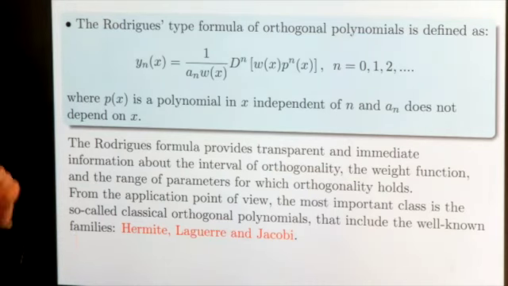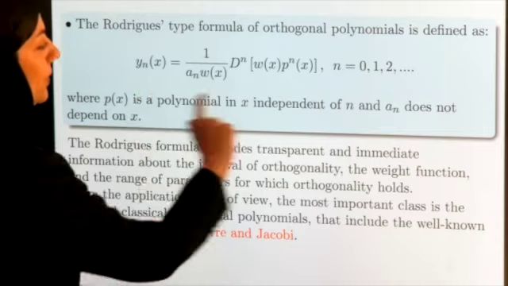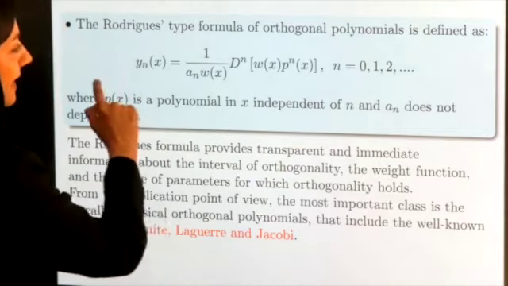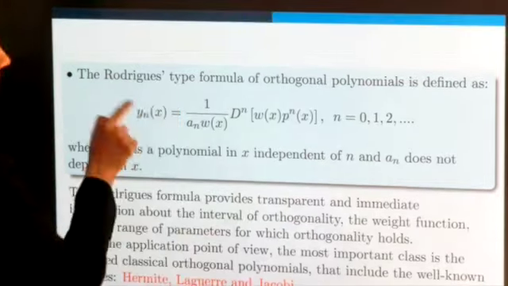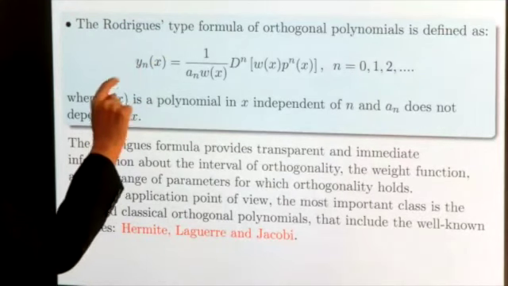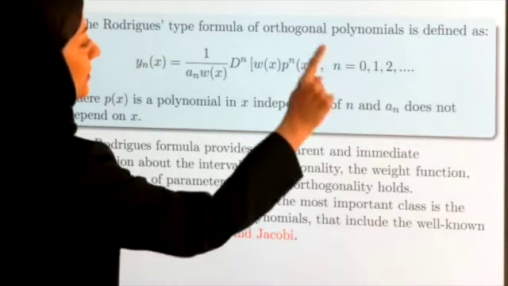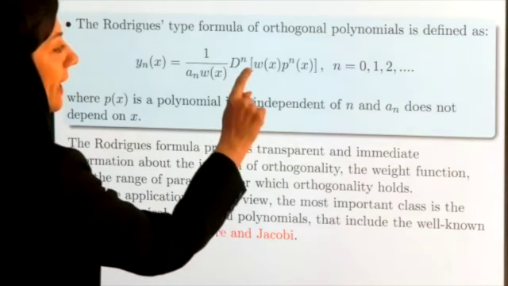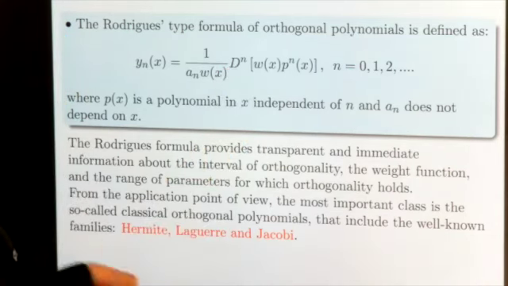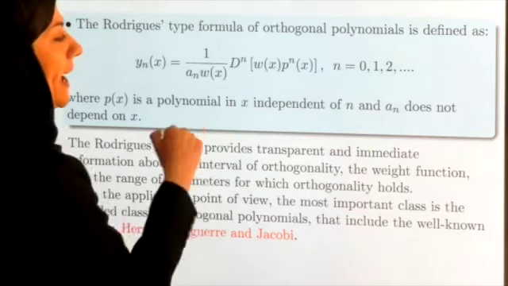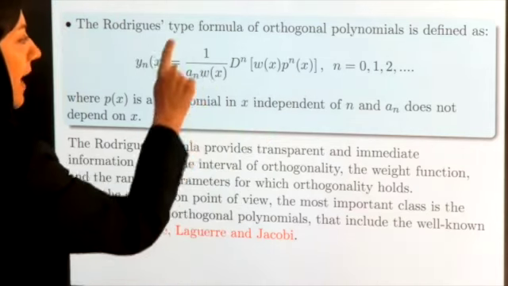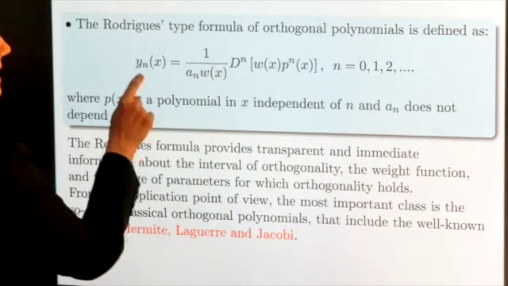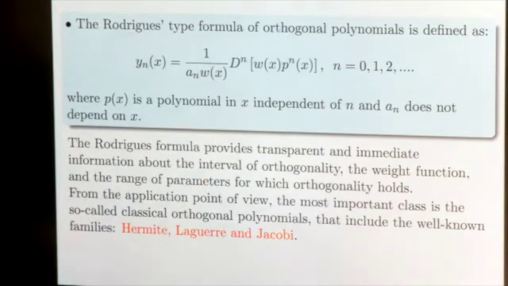And the last important property that I want to mention is that the Rodrigues-type formula of orthogonal polynomials is defined by this equation: Yn of x equals the nth derivative of w(x), the weight function, times p to the n of x, divided by this, which is Yn of x.